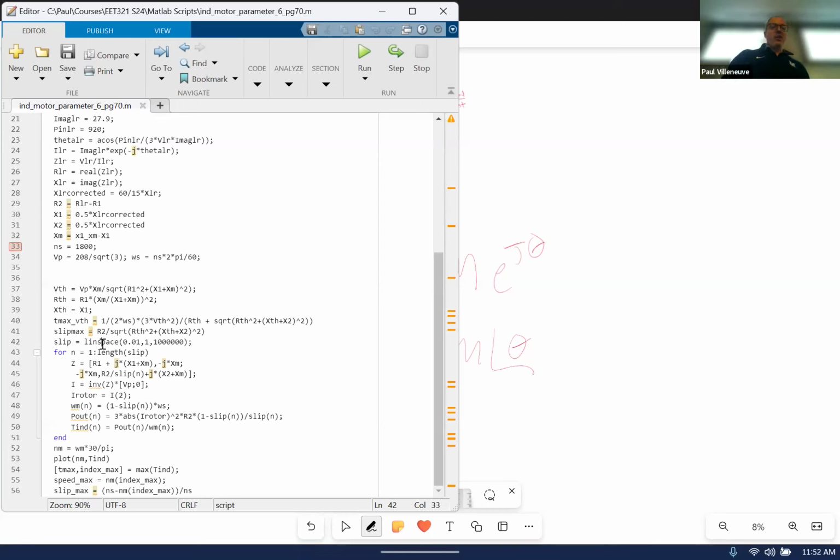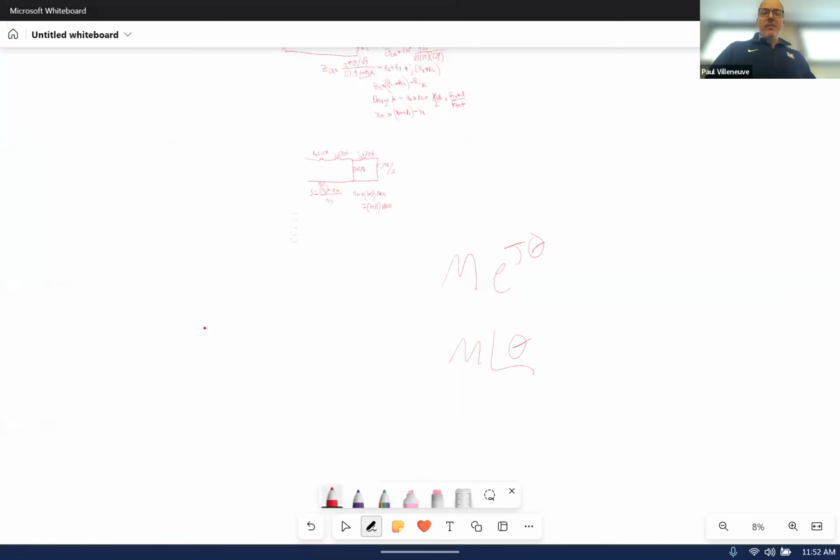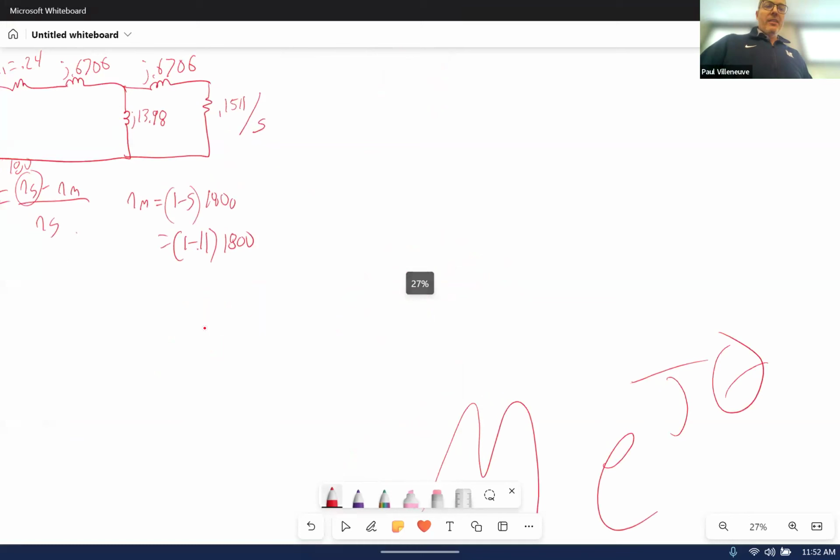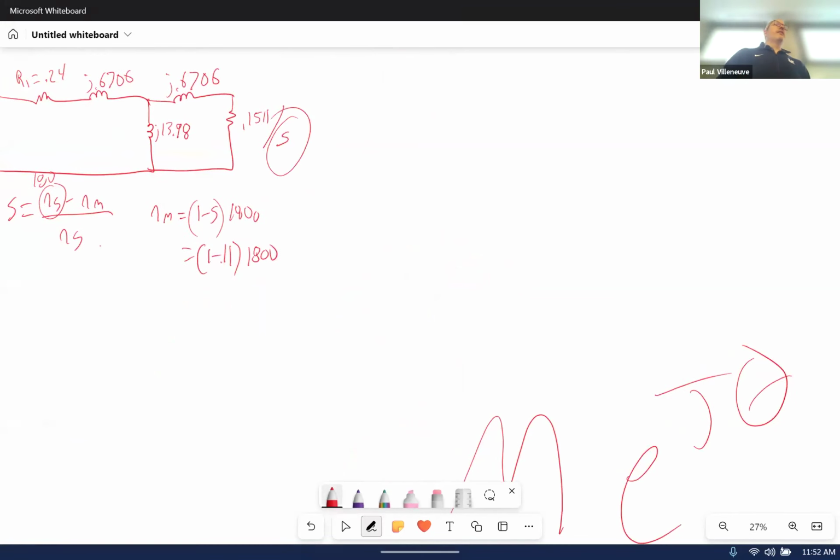How I start is I let slip be my variable that I want to calculate every time. Why do I do that? Because the equivalent circuit over here is a function of S, right? That's the only thing that can vary. So I want MATLAB to do a calculation at each individual value of slip.